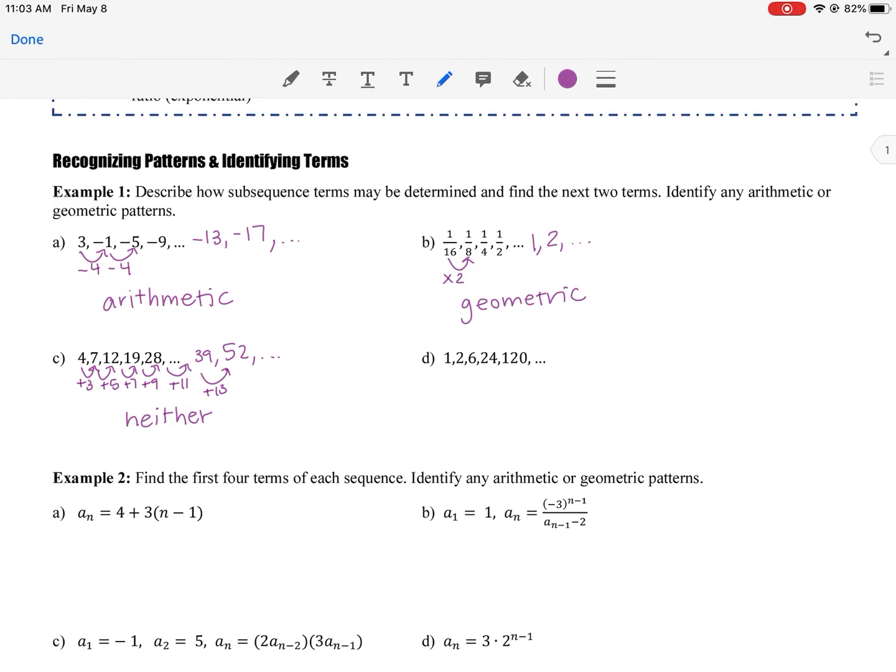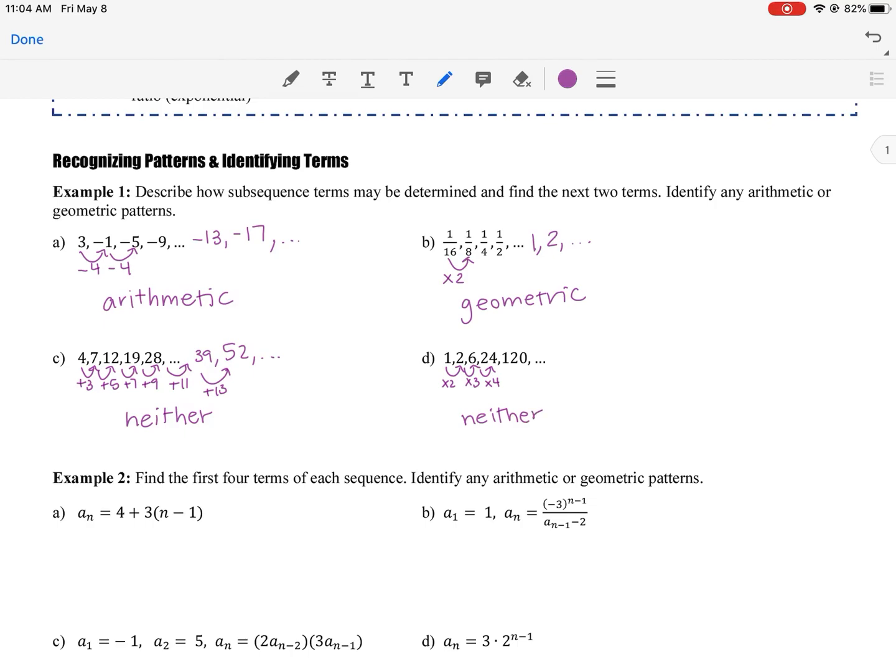This last one, 1, 2, 6, 24. You may be like, well, we're adding 1, then we're adding 4, but then we're adding 18, right? So then that doesn't really quite make sense. If you think about multiplying, we're timesing by 2, but then we times not by 2, we times by 3, and then by 4. So once again, this is a neither pattern.